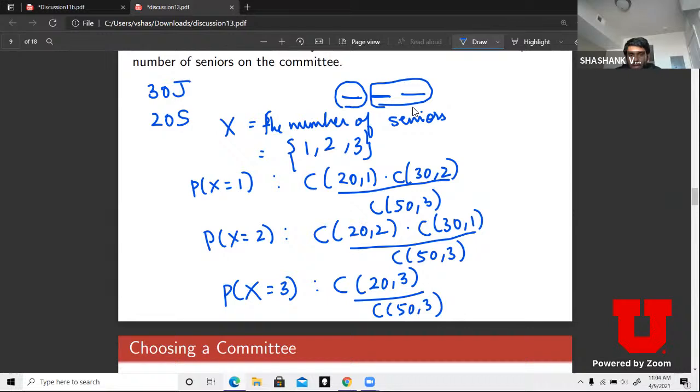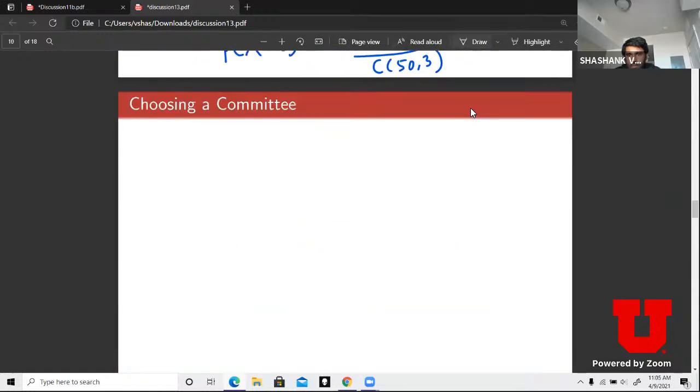Okay. So right now we have probabilities for each of the values that the random variable can take. So what's our expected value formula? Let's slide below. So that would be summation x p of x, right?